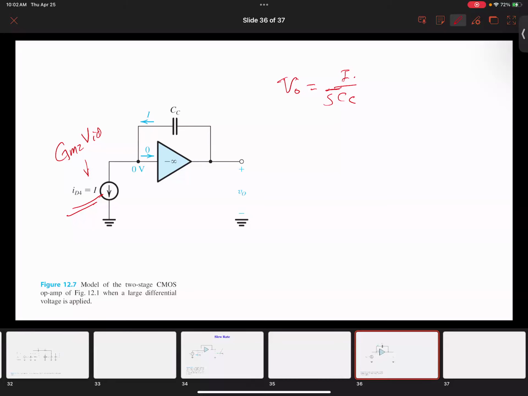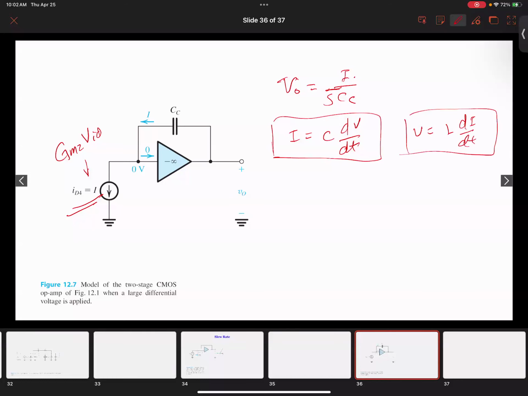So apparently we can transfer it into the frequency domain, but in the time domain we can also write it down. We know I equals C dV over dt, this is the equation that we learned from circuits, right? For an inductor, we know that V equals L di over dt. This is the kind of equation we already learned.